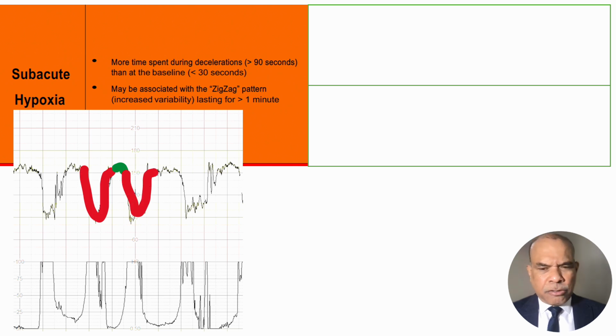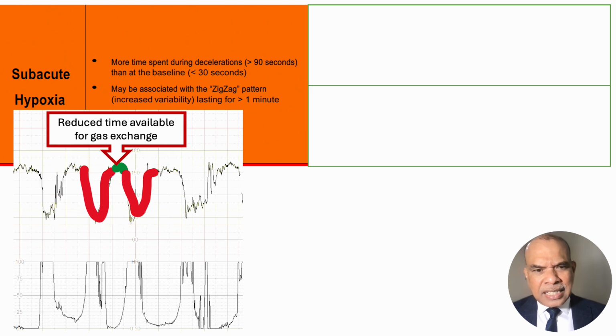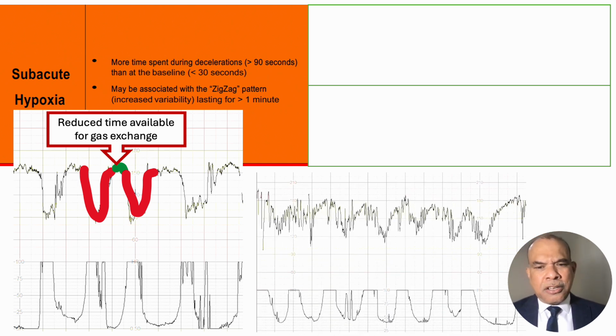And we know that as a swimmer, if you spend less time at the top of the swimming pool and keep going down, you're going to have hypoxic acidosis very soon. You're going to struggle. In the same way, if the fetus has less time at the baseline to exchange gases, get fresh oxygen and give out carbon dioxide, and then the decelerations are longer, you are going to have subacute hypoxia.